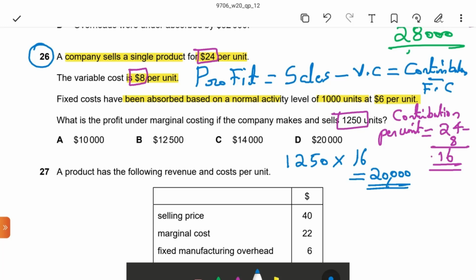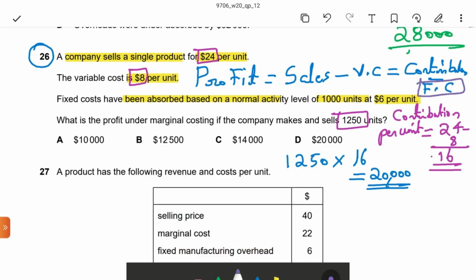What is our question? What is the profit under marginal costing if the company makes and sells 1250 units? So now the contribution is 20,000 minus the fixed cost. We have just calculated the contribution.